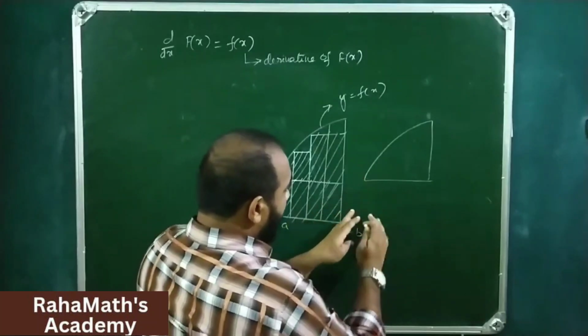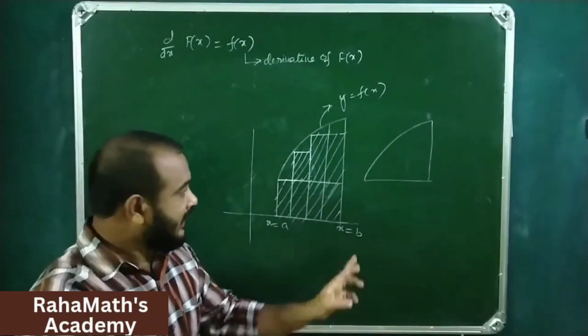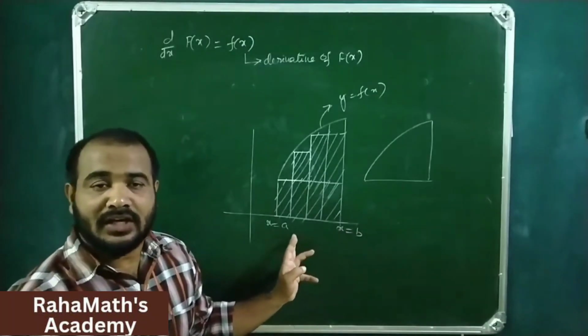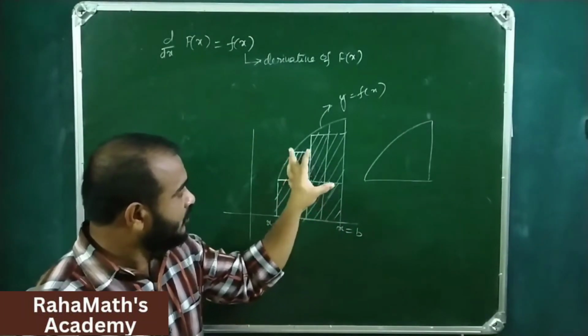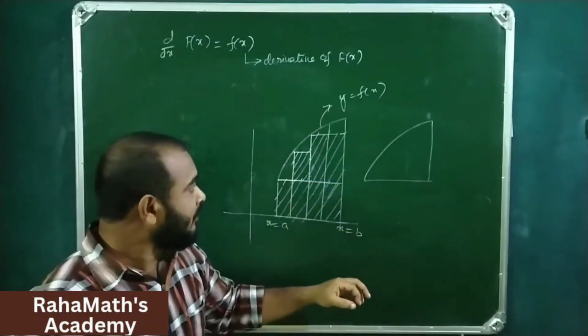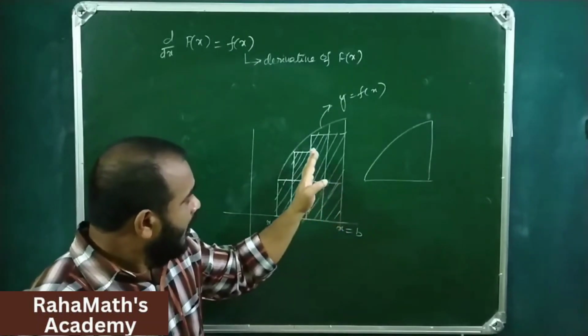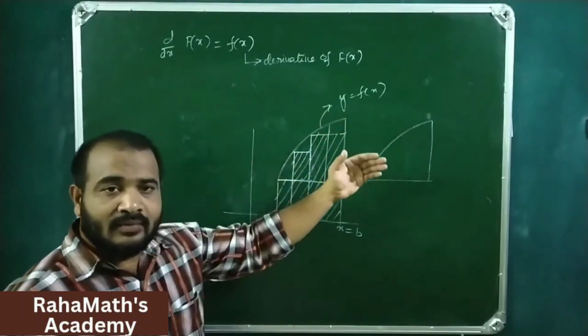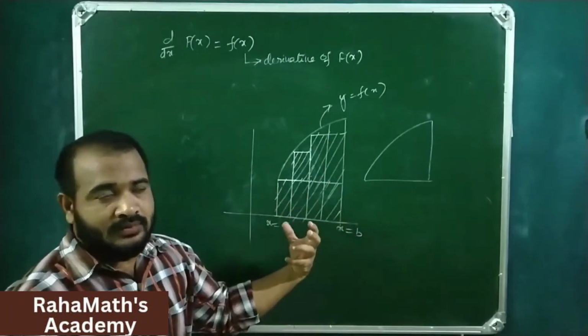That means as we keep on increasing the rectangles, first I have taken only this rectangle, so actually this much huge area has been missed out. Secondly, I made it into two rectangles, and compared to the earlier, more improvement has come out.